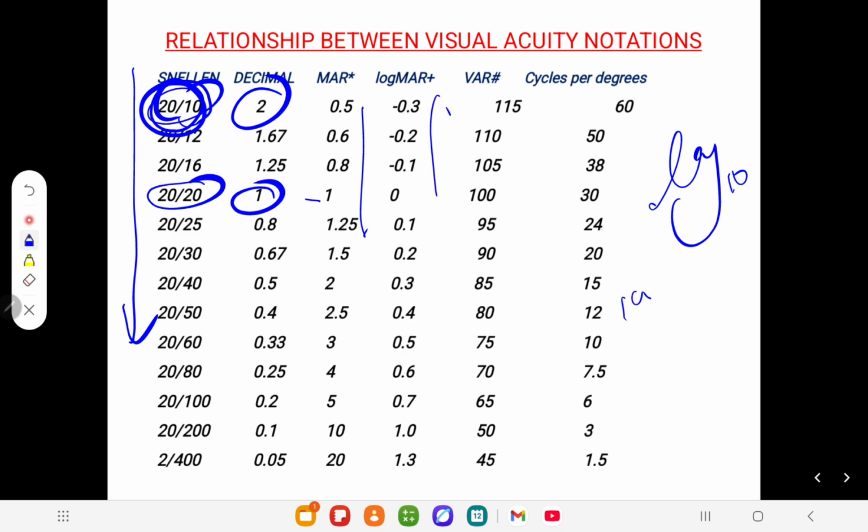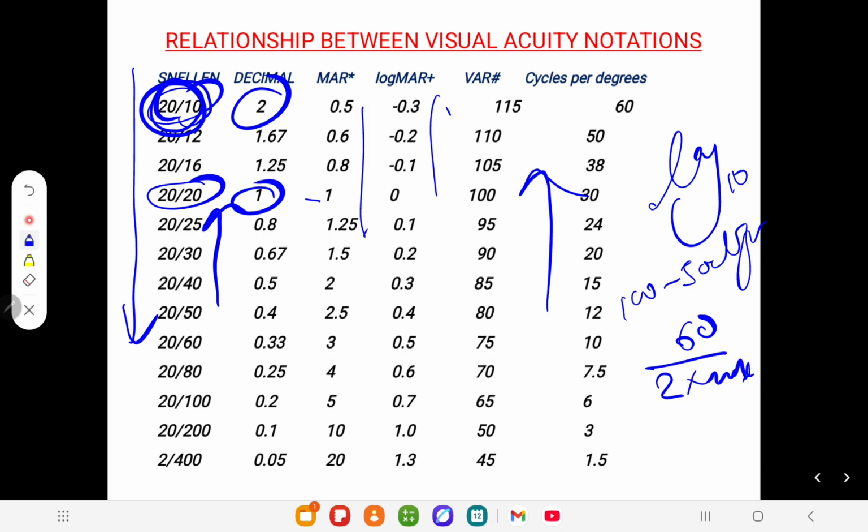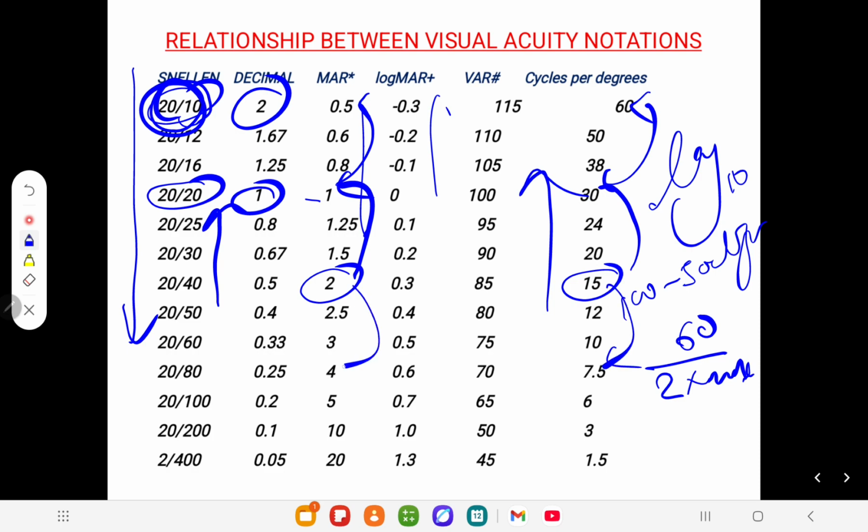VAR means 100 minus 50 logMAR. If vision gets better, VAR gets better. Cycles per degree is very simple: 60 divided by 2 into MAR. Let's take an example. When MAR is 2, it's 15. Now when MAR gets half, cycles per degree gets double. It's very simple.